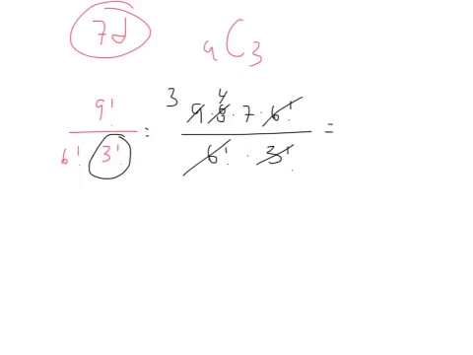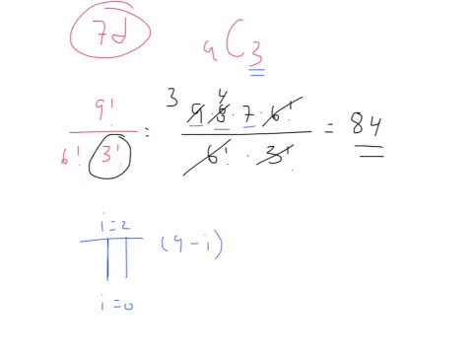And then we have 21 times 4, 84, I think. And written in pi notation, starting at i equals 0, going up to i equals 2, we're going to have 9 minus i, which will give me the 9 times 8 times 7, and then over 3 minus i, which is going to give me the 3 factorial.